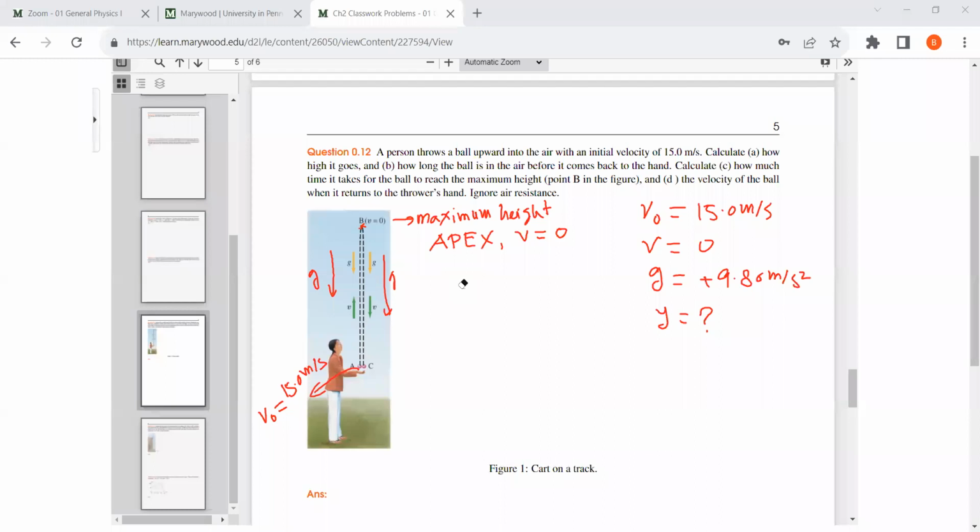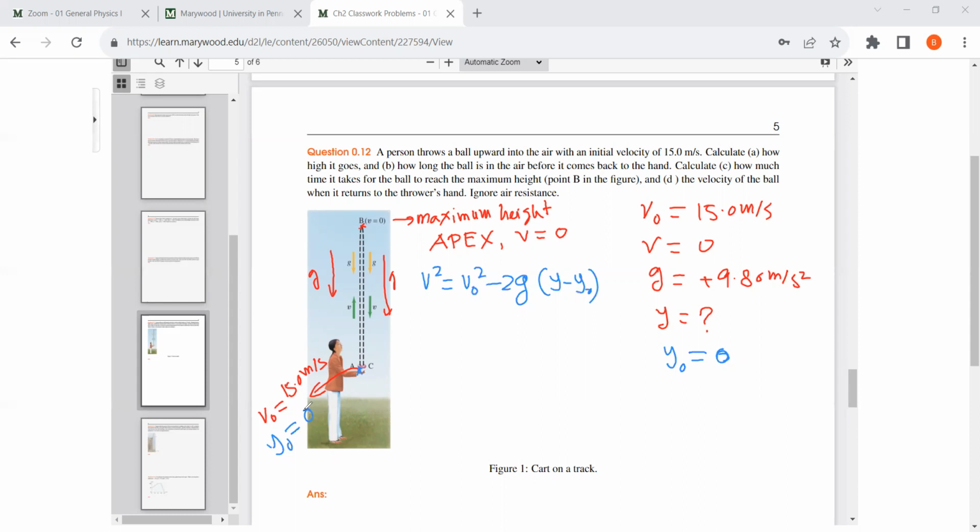The last equation was v squared equals v0 squared minus 2g times (y minus y0). Here you can use y0 equal to 0. At this point you can think that y0 equals 0, so your initial position, your reference point, is y0 equal to 0.